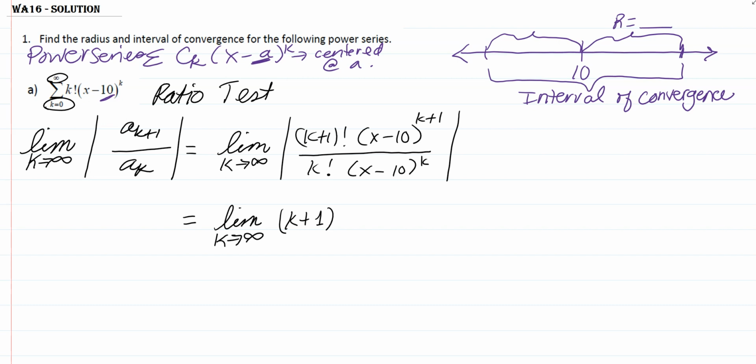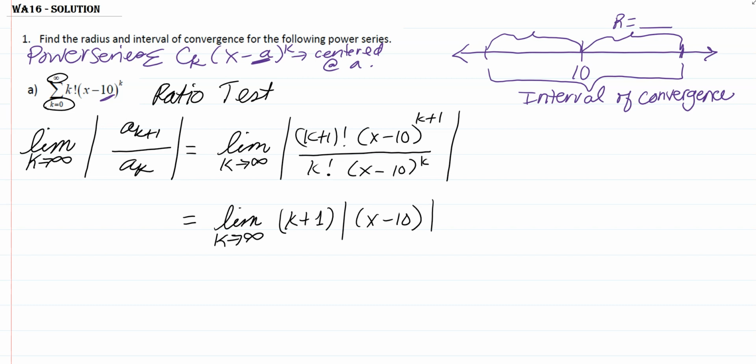Whereas when we cancel out (x minus 10) to the k power, there's one more copy on top, so there is one copy left when we divide the (x minus 10) to the k power out. However, we need the absolute value here because we don't know where x might be. The value of x minus 10 might be a negative number, so we have to write absolute value right there.